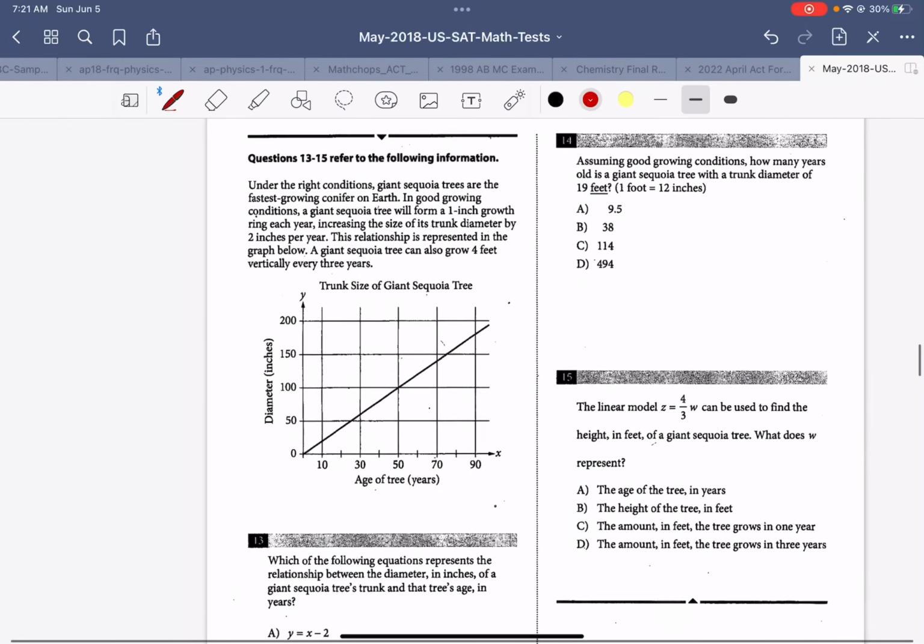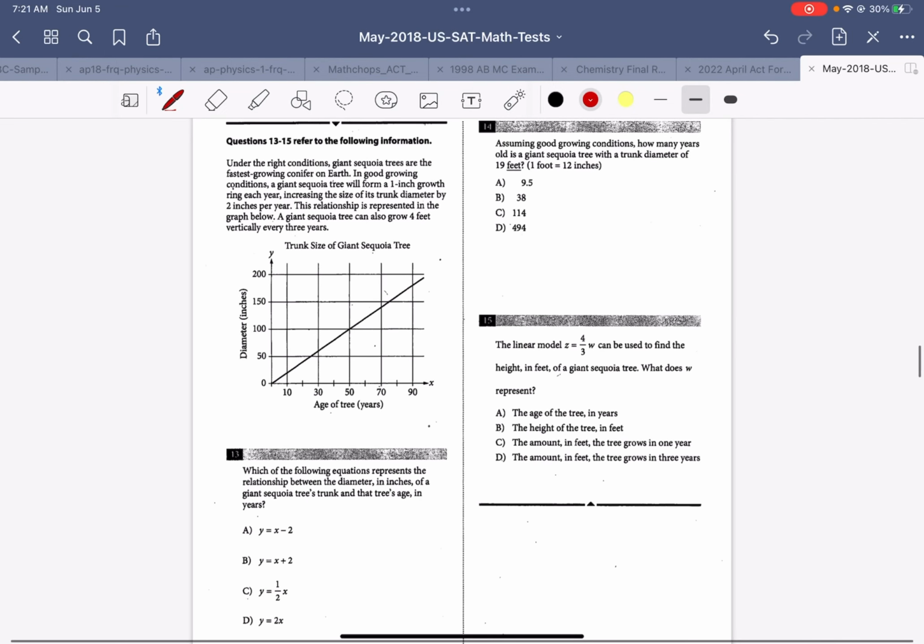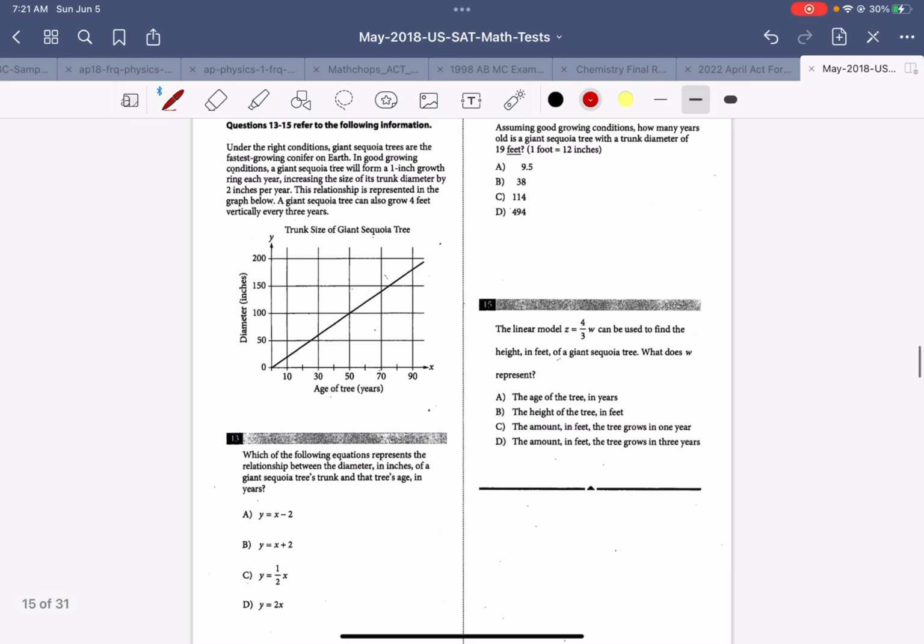Number 13. Under the right conditions, giant sequoia trees are the fastest growing conifer on Earth.